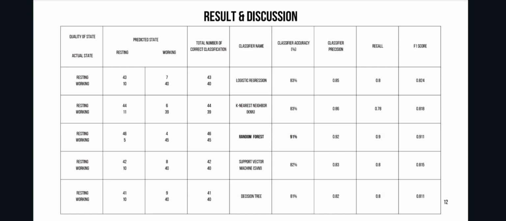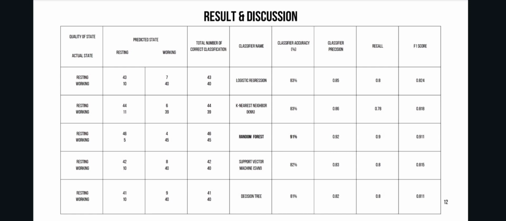Out of 300 samples, 100 samples for each class, that is a total of 200 samples, have been considered to develop the training method for the different classifier algorithms, whereas separate 50 samples of each class, that is a total of 100 samples, have been used to validate each of the proposed machine learning models. 10 different attributes, as I told earlier, have been taken as input. Therefore, the size of the input vector is 200 into 10.